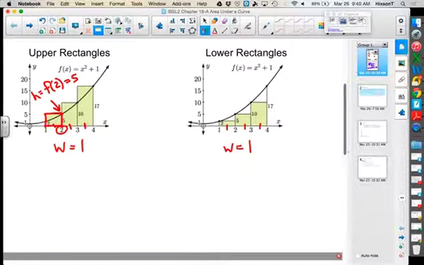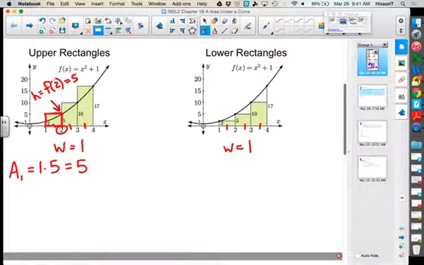Does that make sense? So my first rectangle, the area, I'll call that area 1, the area is width times height. So 1 times my height of 5, so that equals 5.